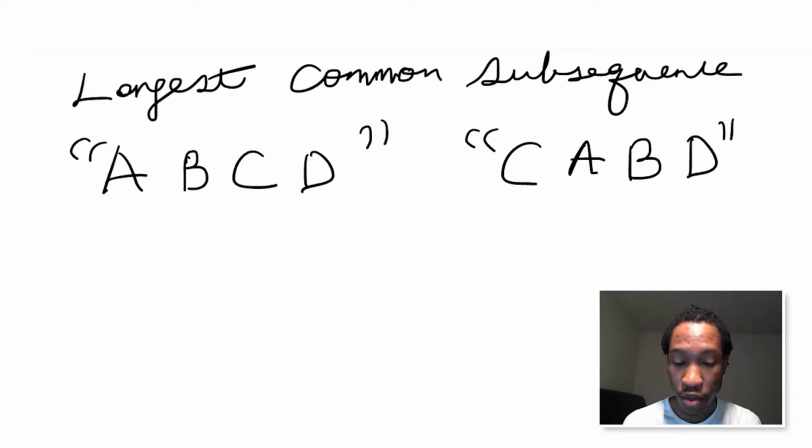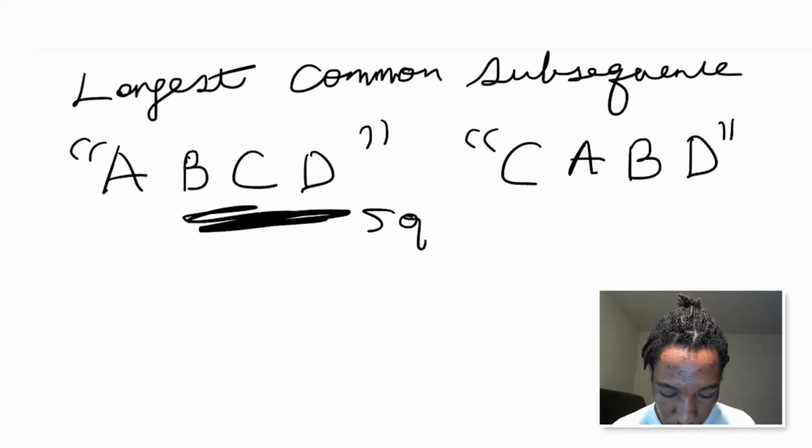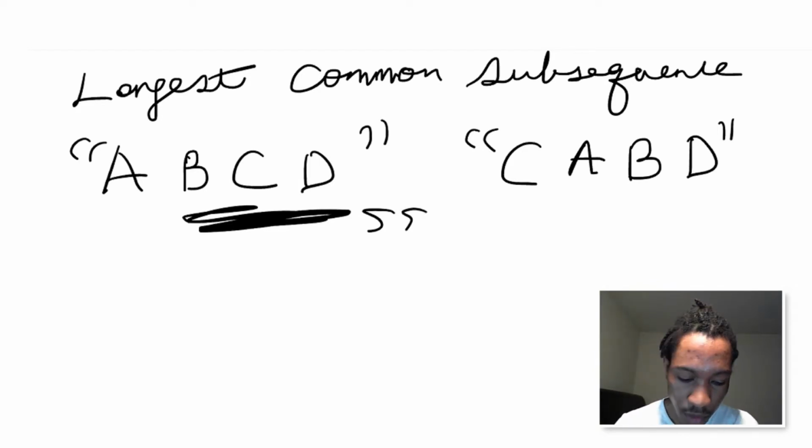Say, for example, we have two strings, A, B, C, D, and C, A, B, D. A substring would be B, C, D. Let's call substring SS and subsequence SQ.